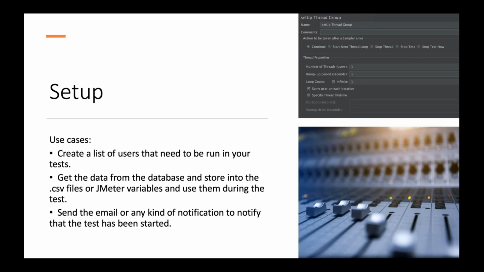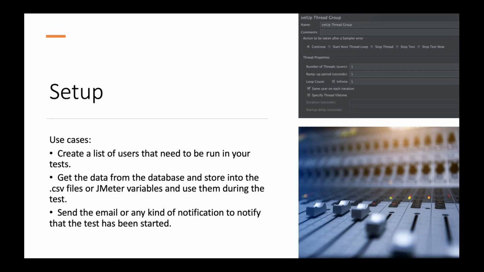In general, as part of setup thread group, I'm giving some simple use cases: before running some scripts, I may have to prepare test data. At runtime I may have to run some scripts to generate random email IDs, random mobile numbers, or random test data for user creation or something like that.